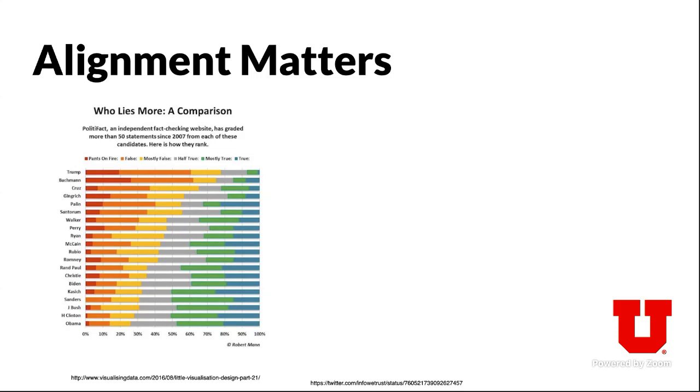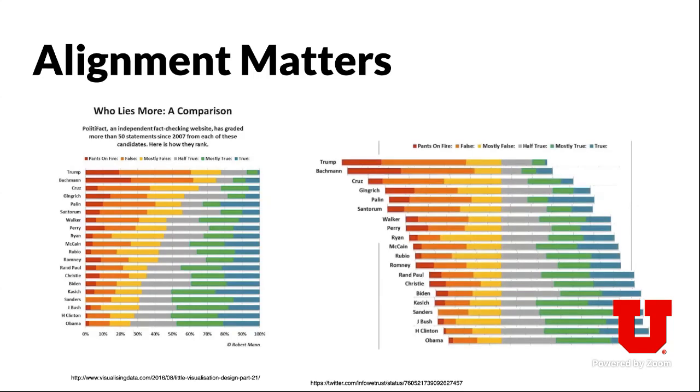This is not a terrible chart, but if we were to align them properly by this neutral point here in the middle, let's say half true, then we see this effect a little bit better. So what we're doing here is using both position, the left and the right, how far it extends, in addition to the size of these segments. So even little nuances like that can emphasize these points a little bit more.